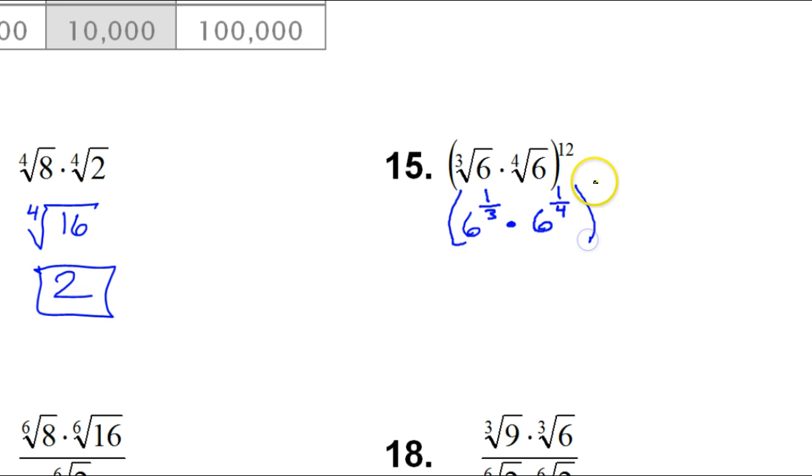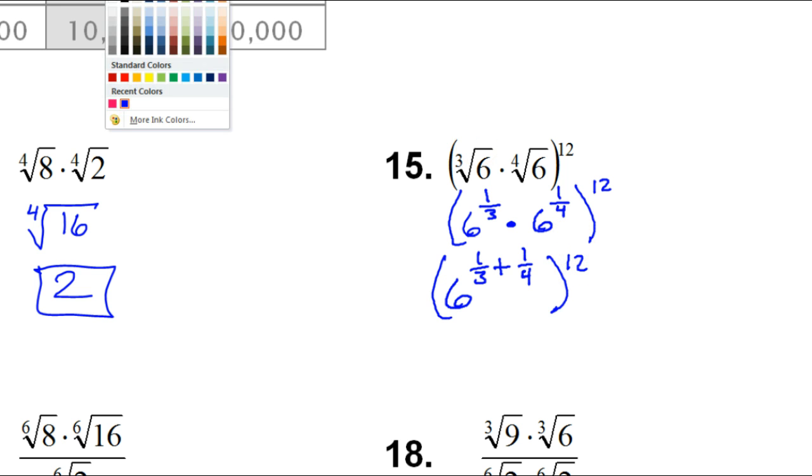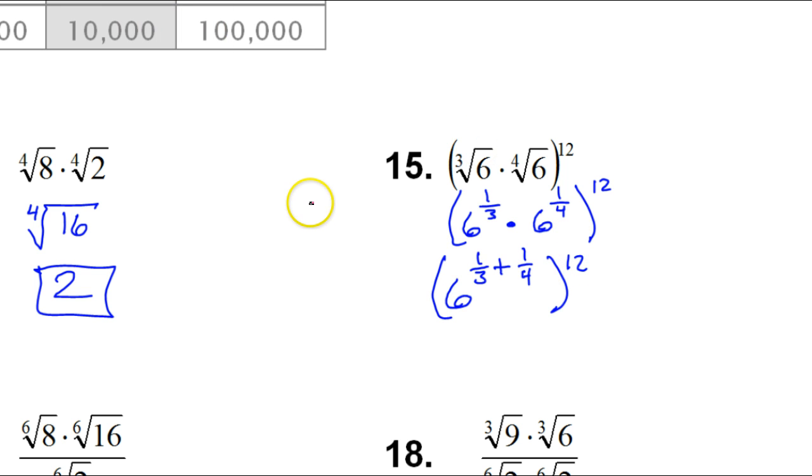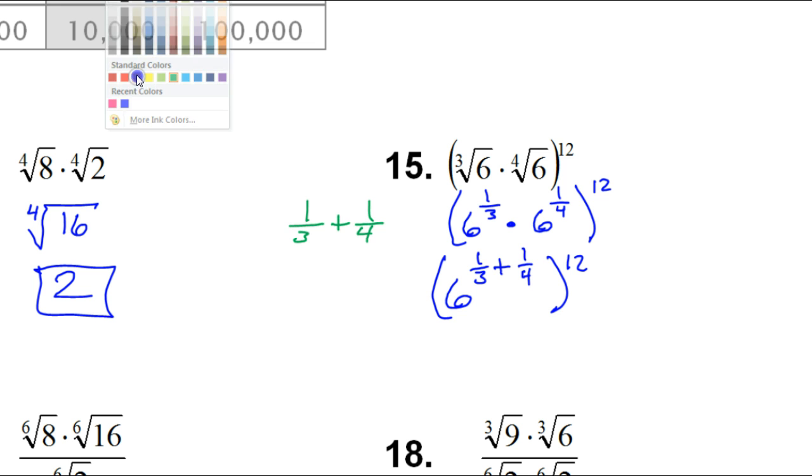And all of this is to the 12th power. Now, since the bases are the same, we can add these exponents. So we are doing 6 to the 1/3 plus 1/4 power, to the 12th power. Off to the side somewhere, I will do 1/3 plus 1/4. When you're adding fractions, this is when you need like denominators.